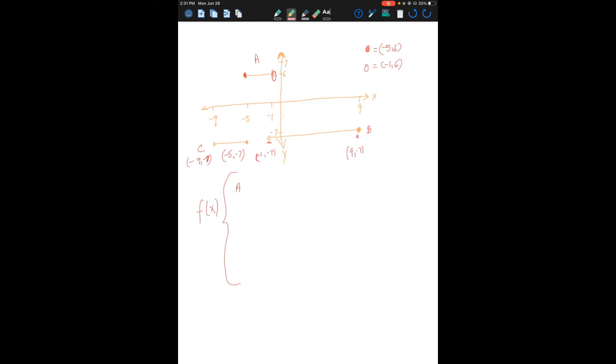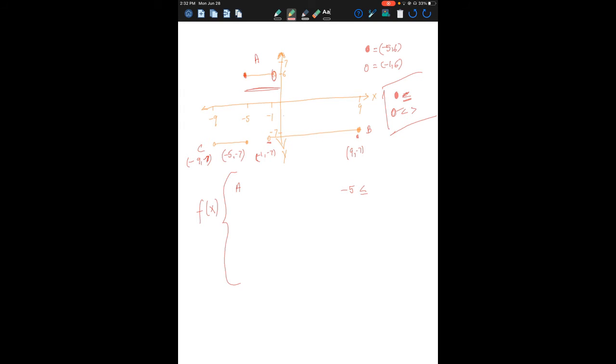Function A goes from negative 5 to negative 1 right here. So that will be negative 5, it's included and equal to. Remember, a shaded circle means included and equal to, and a non-shaded circle just means less than or greater than, but not included.